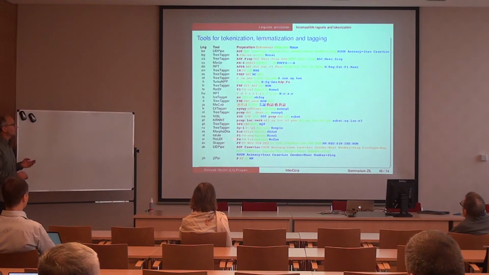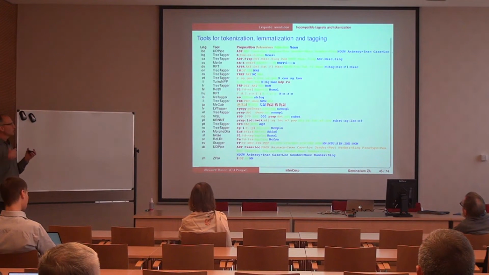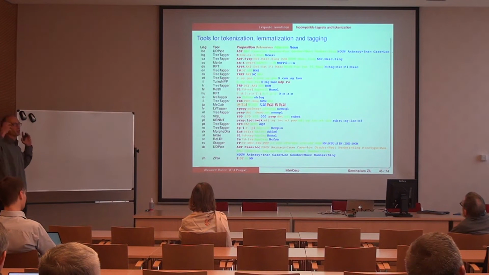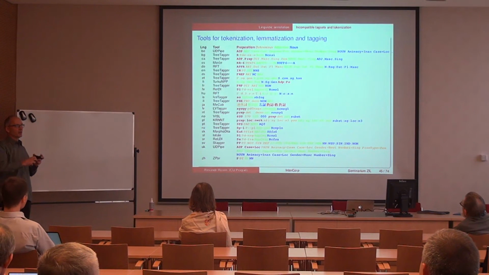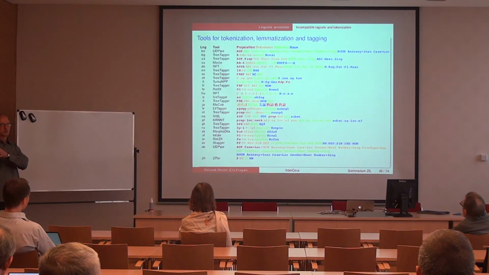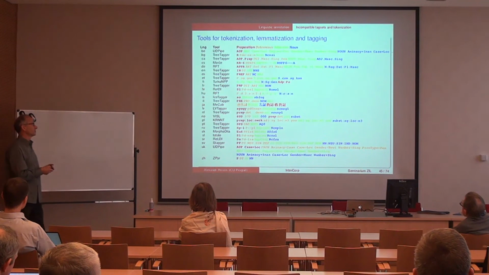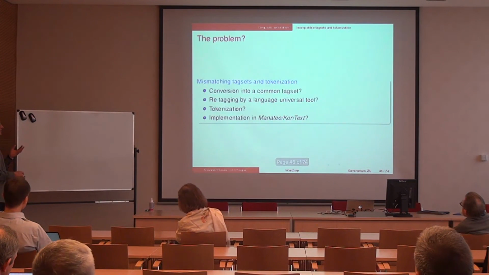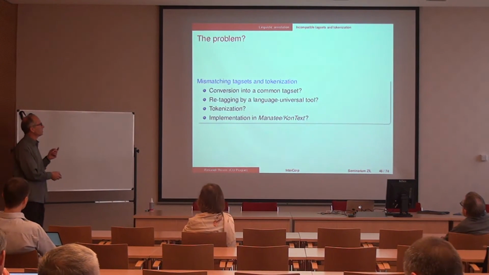And apart from that, you may still think, okay, that's just a notational difference. So maybe you can translate all the tags into something common, and you do not lose any information, and you do not have to add any more information. But it's not that easy, as you will see soon.